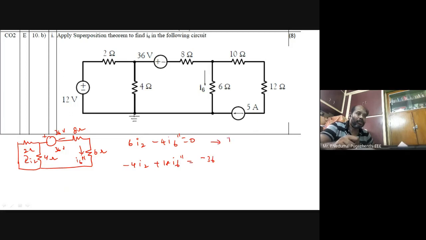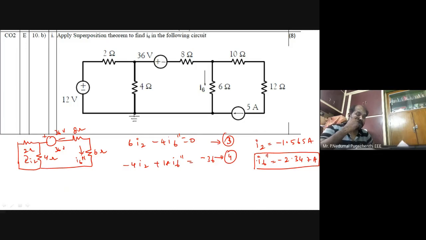These are equation numbers 3 and 4. If you solve this, you will get I2 is equal to minus 1.565 amperes and I6 double dash is equal to minus 2.347 amperes. So this is what is required, I6 double dash.